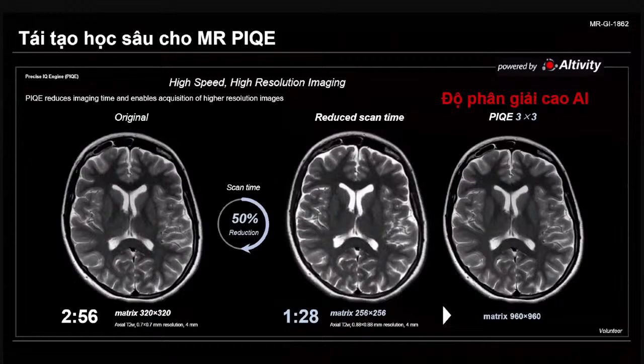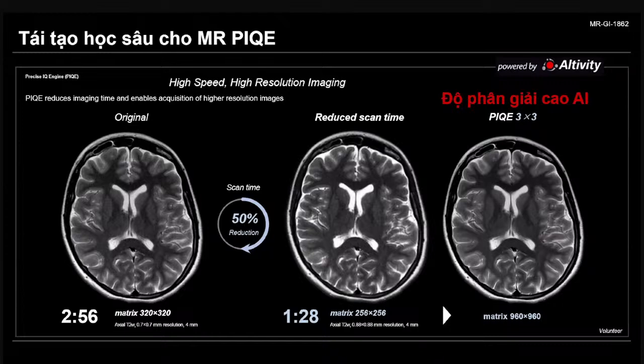So what can we do with this PEAK? The original scan on the left-hand side with a 320 matrix will require almost 3 minutes. So we are able to reduce the scan time to 1 minute to 1.5 minutes, and we reduce the scanning matrix to 256 by 256. And next, we apply PEAK, which is our AI high-resolution reconstruction, to upsize the matrix to 960 by 960.